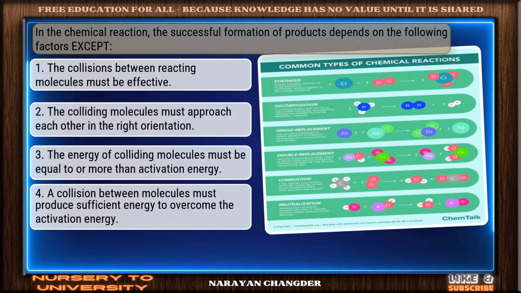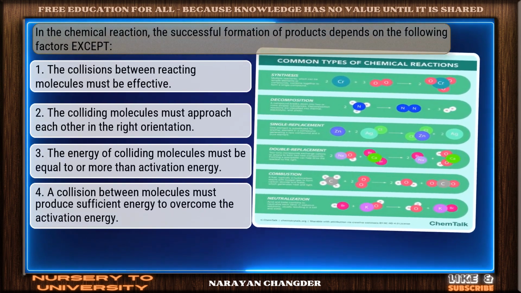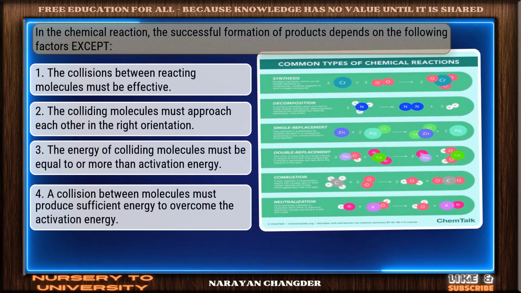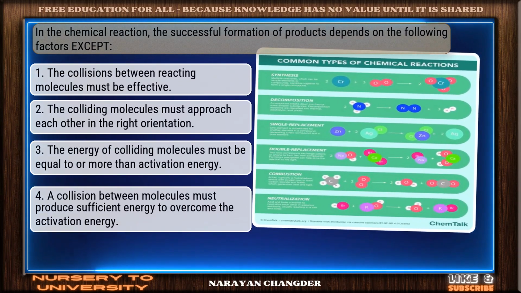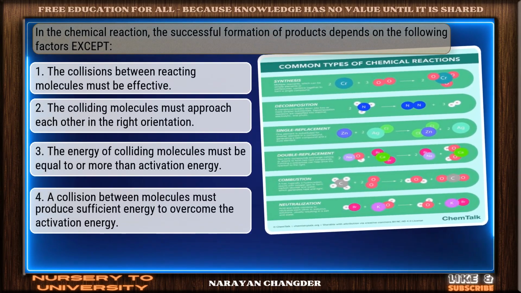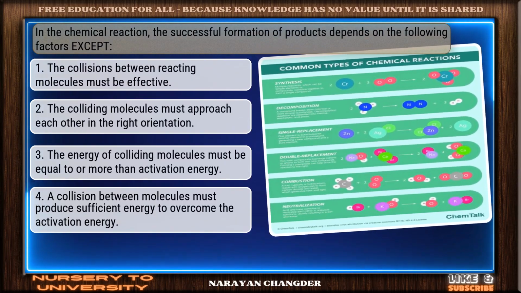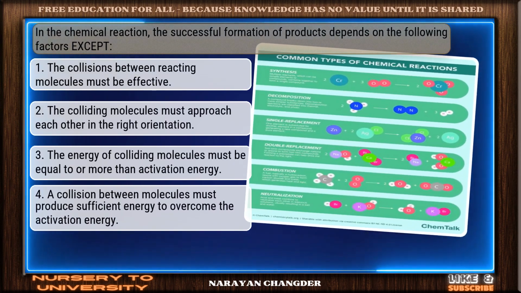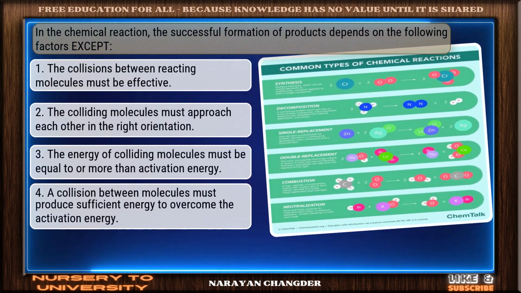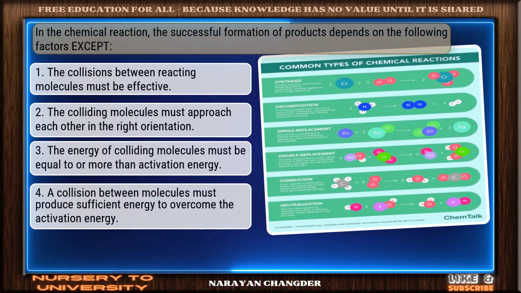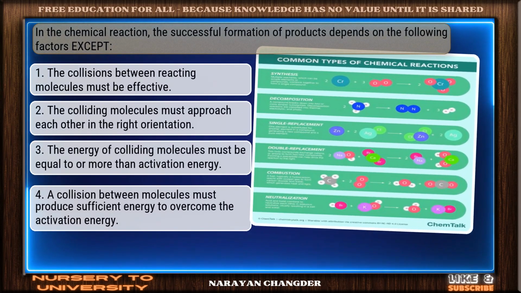In a chemical reaction, the successful formation of products depends on the following factors except: Option 1, the collisions between reacting molecules must be effective. Option 2, the colliding molecules must approach each other in the right orientation. Option 3, the energy of colliding molecules must be equal to or more than activation energy.